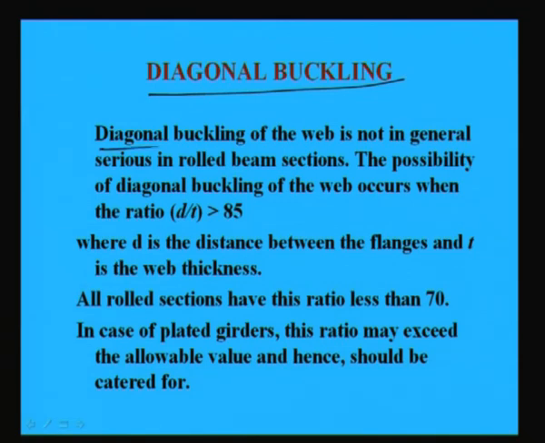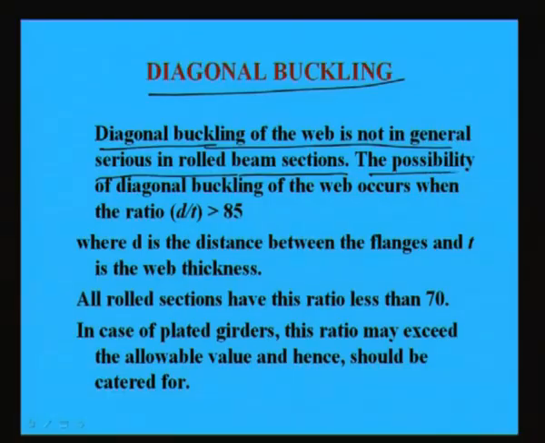Diagonal buckling of the web is not in general serious in rolled beam sections, right. In case of rolled beam section, generally we do not design against diagonal buckling, because it will automatically satisfy. Why I am telling?